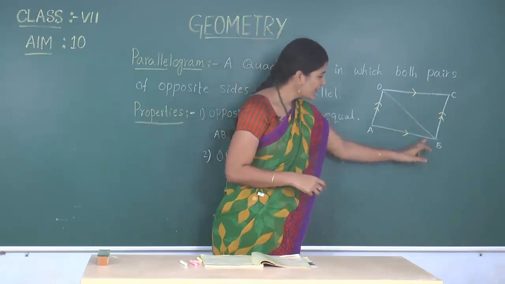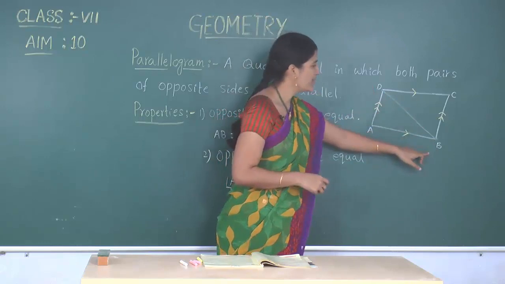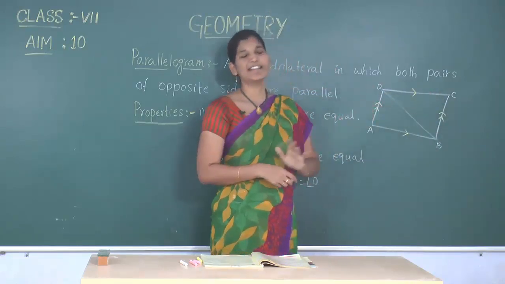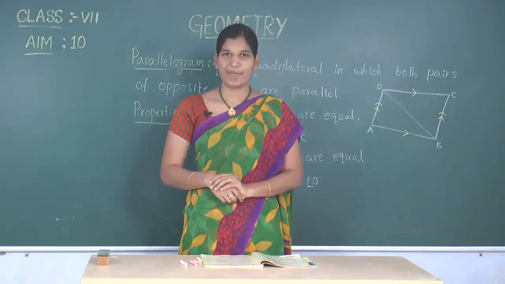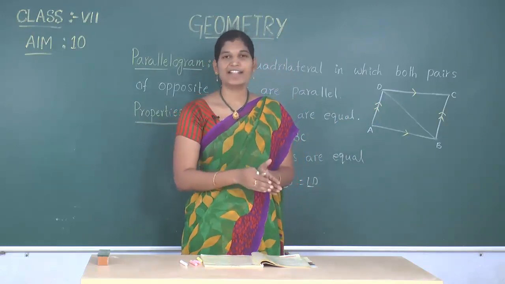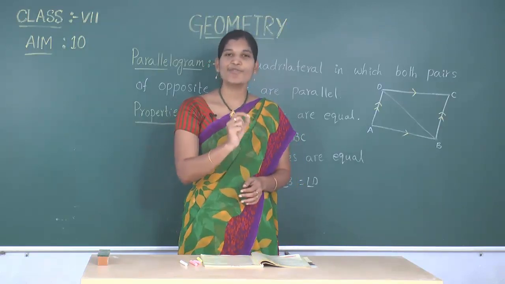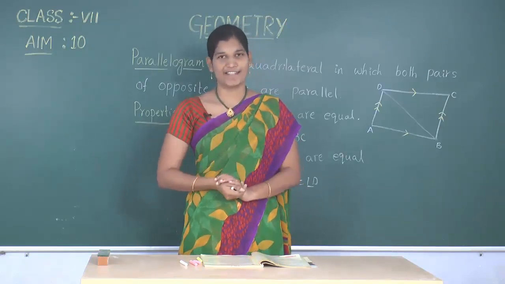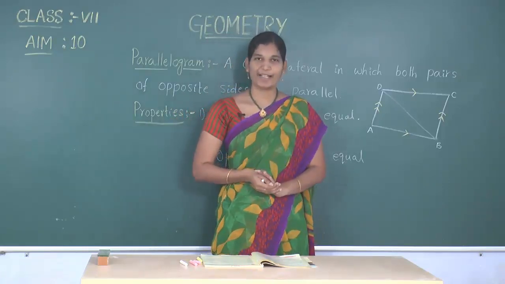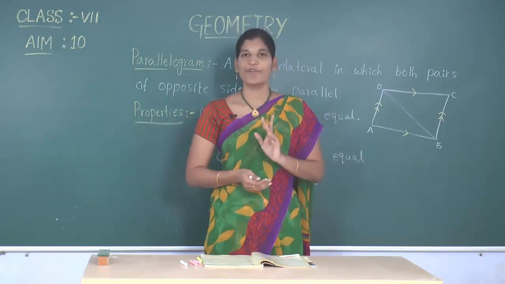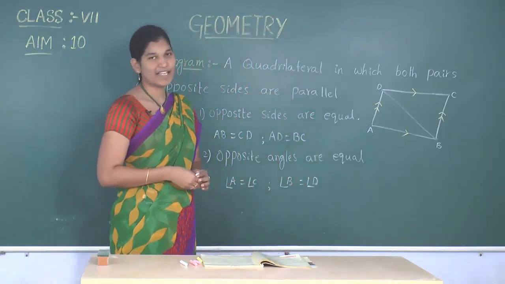What are they? ABD is one triangle, BCD is another triangle. So we can say each diagonal of a parallelogram divides it into two triangles. That too, those two triangles are congruent. So each diagonal of a parallelogram divides the parallelogram into two congruent triangles. This is the most important property, the third one.